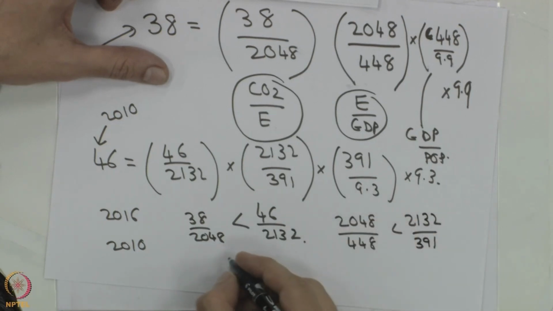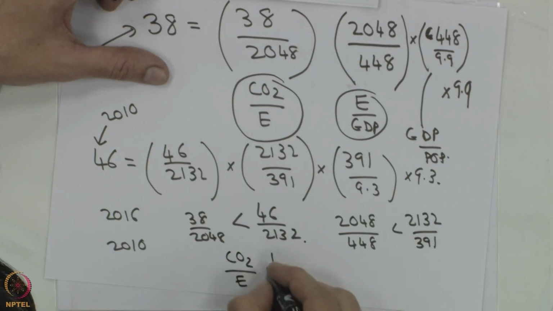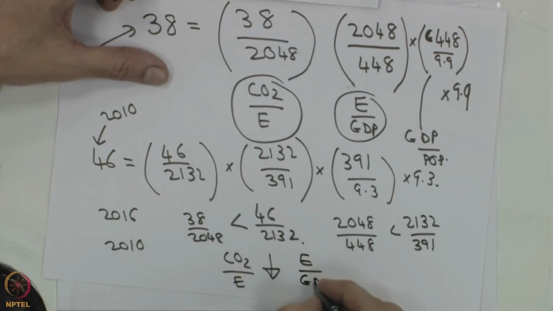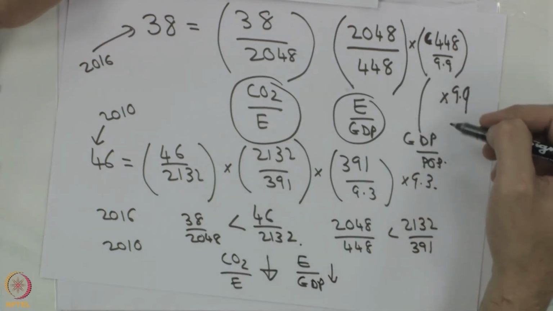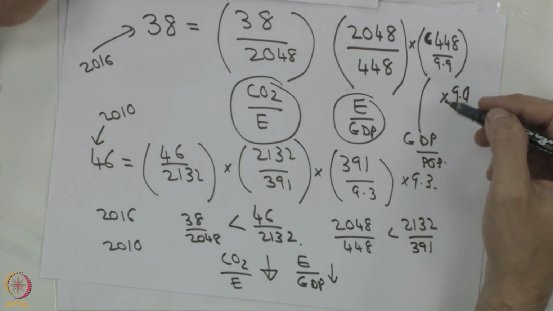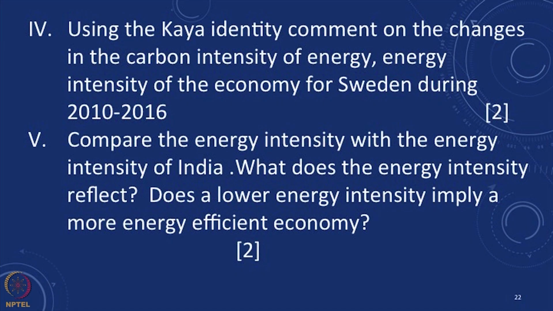So both the carbon intensity, CO2 per unit of energy, has decreased, as well as energy per unit of GDP. So even though the GDP increased and the population increased, overall the total CO2 emissions has decreased. So this is the situation for Sweden.